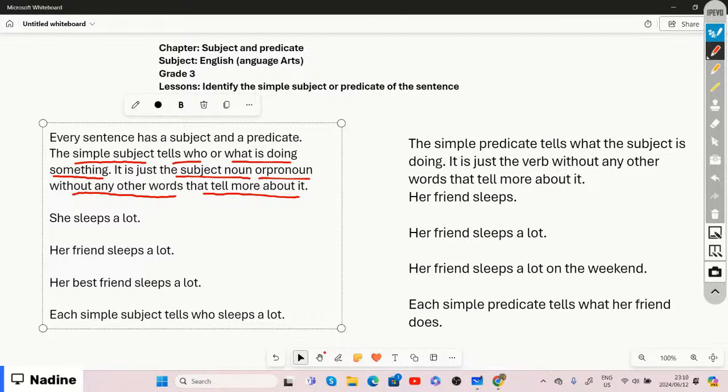In our previous lesson, we said the subject is the noun plus any other words that tell us who or what is doing something. But in this case, it is just the noun or the pronoun without any other words that tell you more about it. So we should only identify who or what is doing something and not the extras.